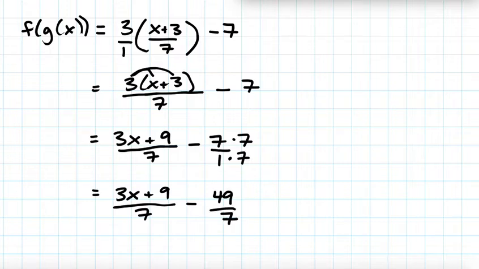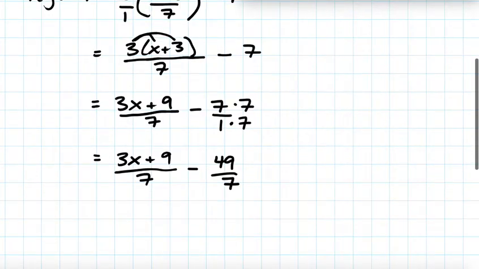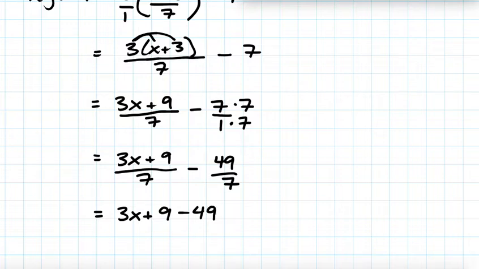Now when I'm subtracting fractions, even though these are slightly more complicated than our regular old fractions, it's the same idea. I'm going to subtract what's on the top, and then my denominator is going to be 7. So it's going to be 3x plus 9 minus 49 all over 7. Denominator stays the same.